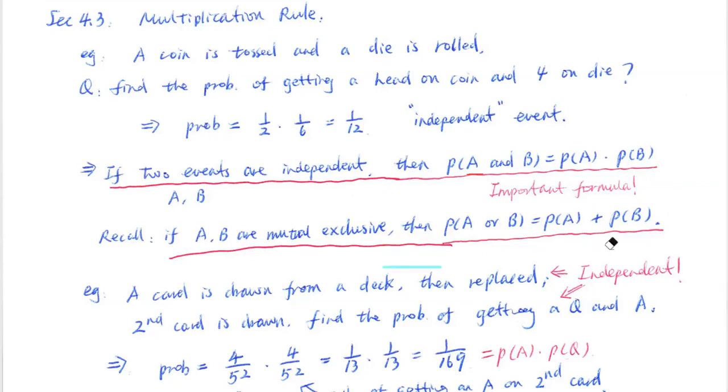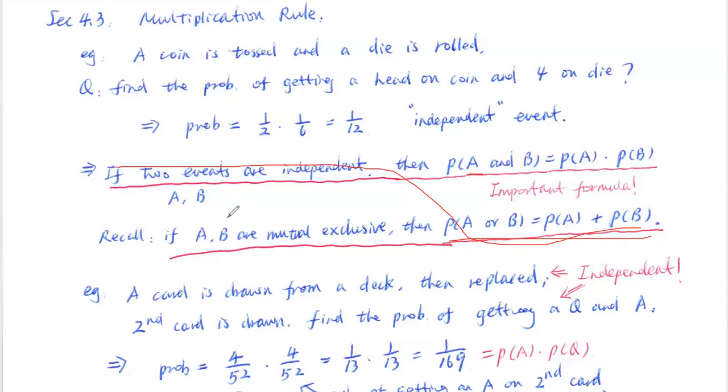Is that okay? So on the homework or the exam, I may simply ask true or false: if two events A and B are independent, then P(A or B) equals P(A) plus P(B). Is that true or false? That's false. You cannot go from here to here. Let me repeat that one more time.